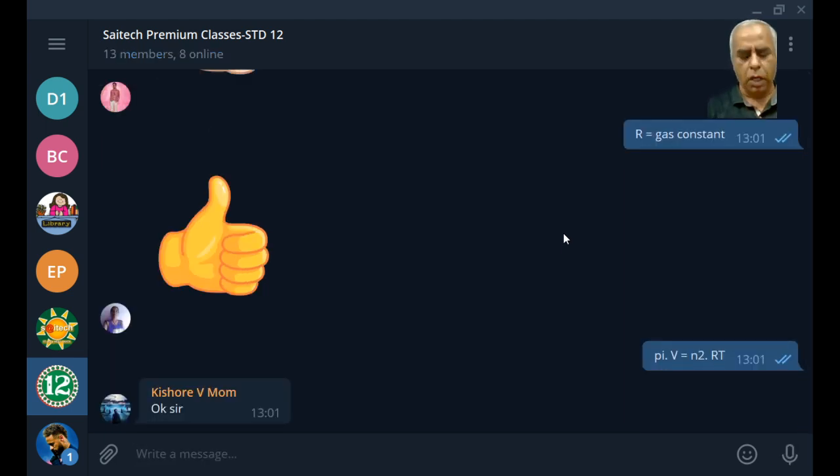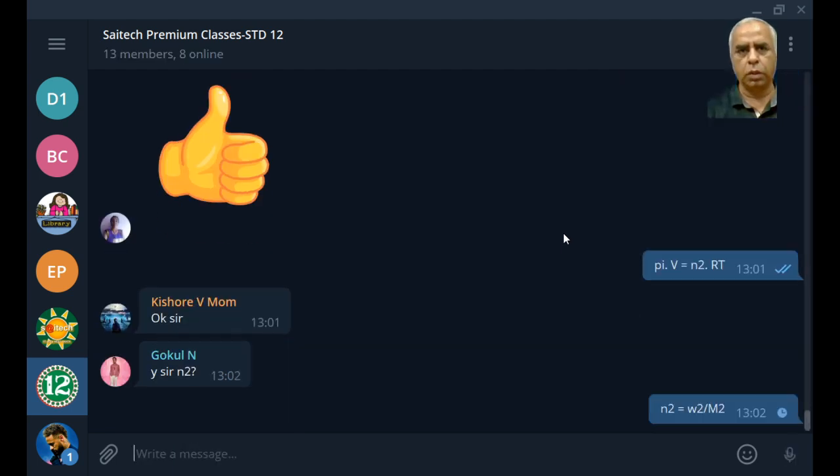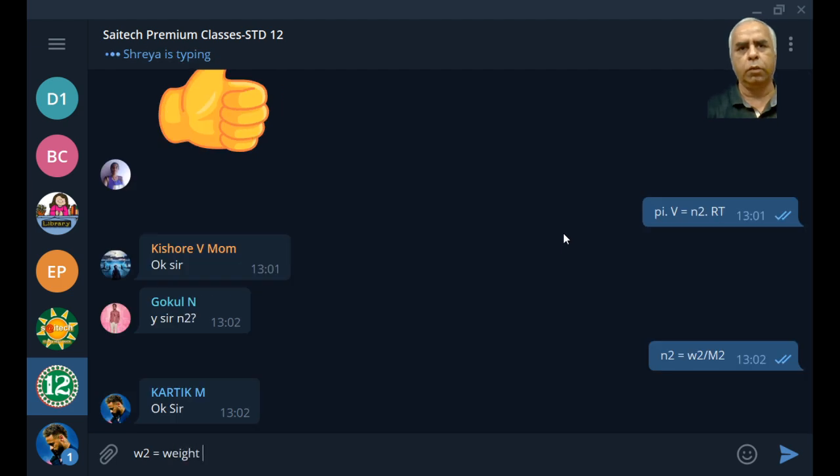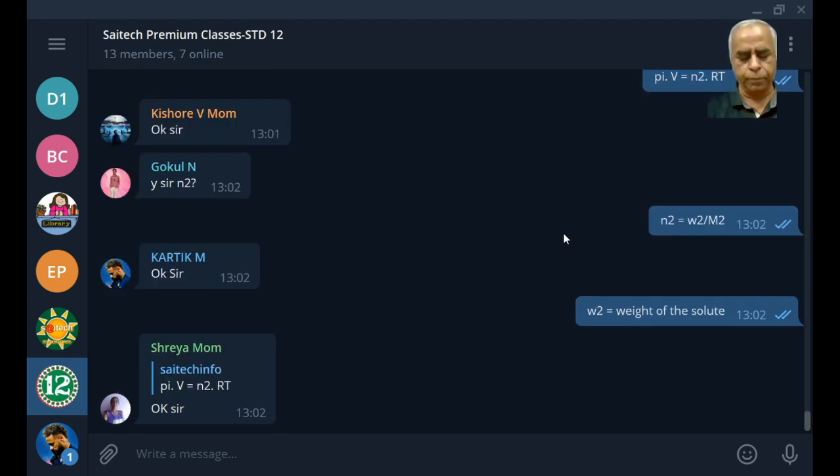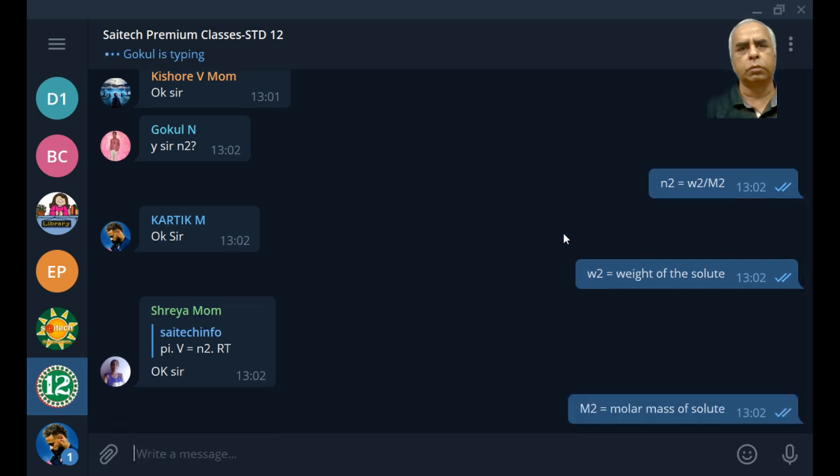And N2 is nothing but W2 divided by M2, is it not? W2 is the weight of the solute, and M2 is the molar mass of the solute.